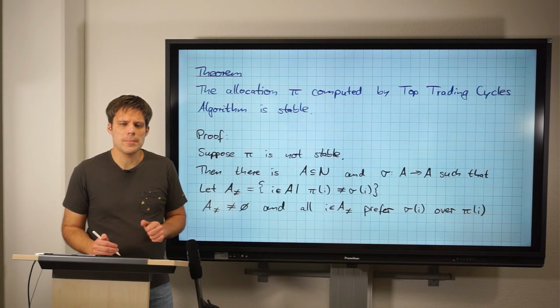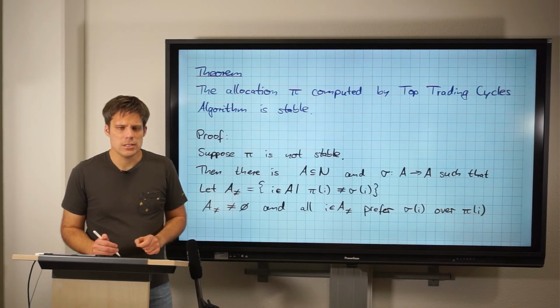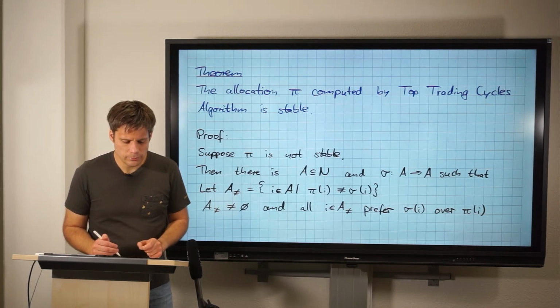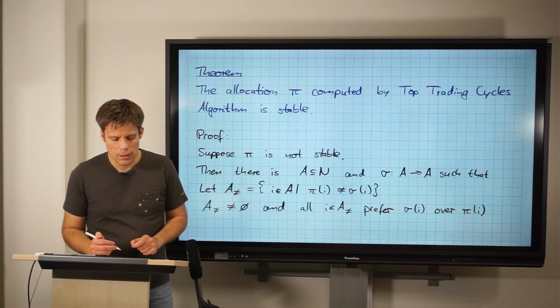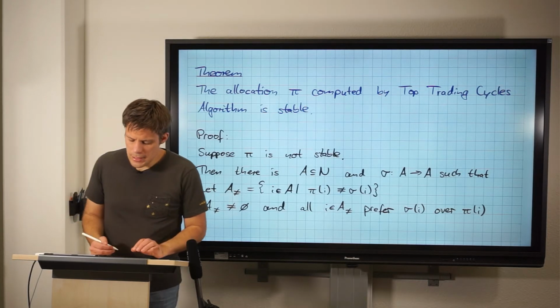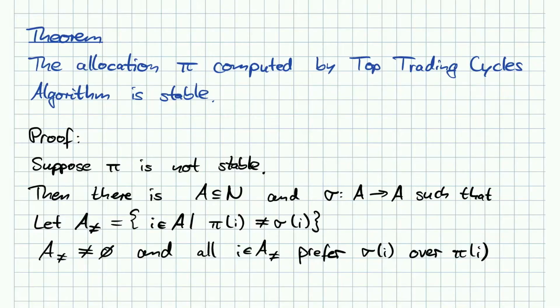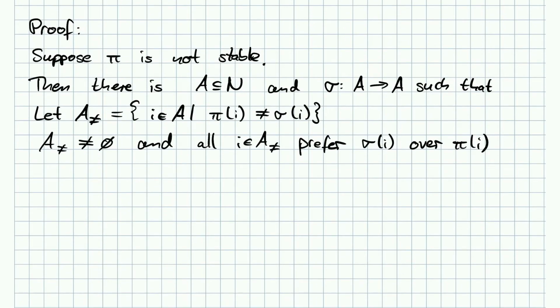This is what would make the allocation unstable. Now let's see what's happening. There is now this set of agents which are unhappy with our allocation pi that we are computing, which we will show that this cannot exist.